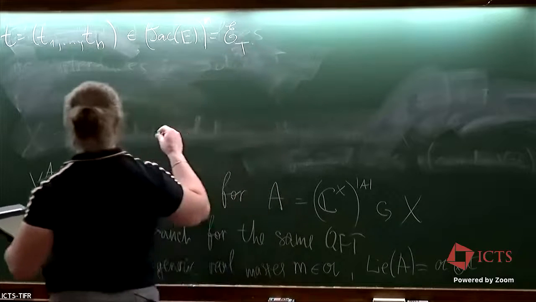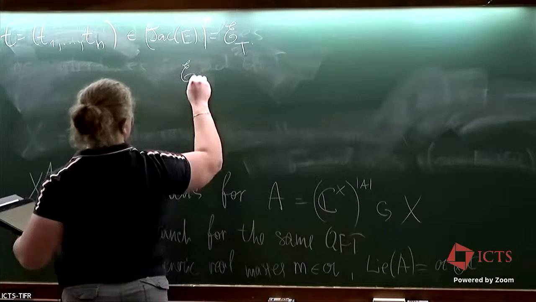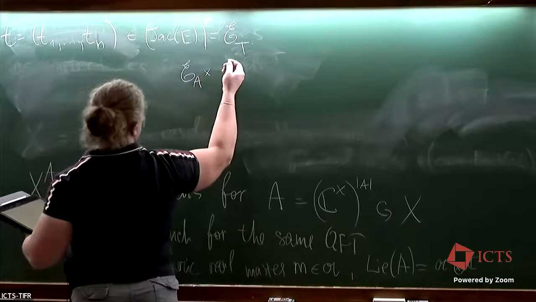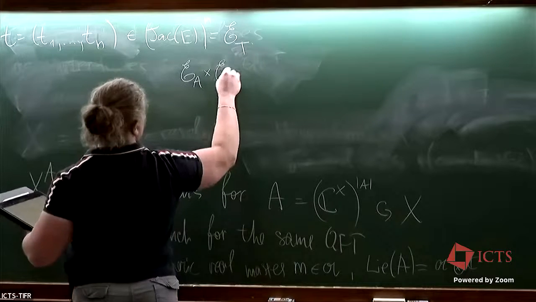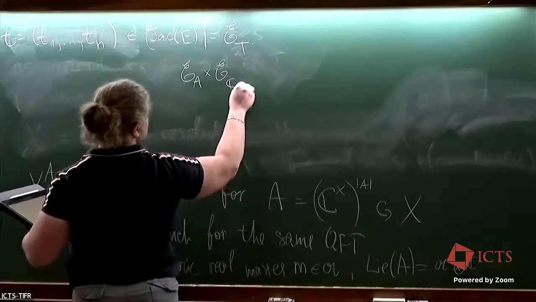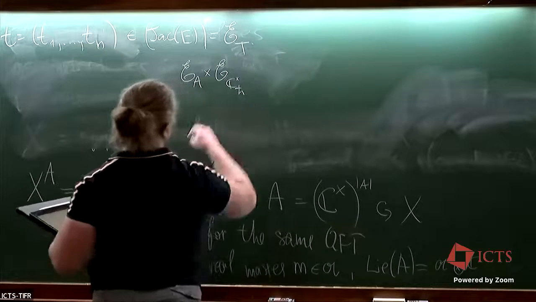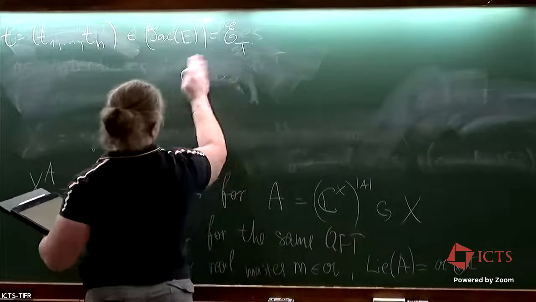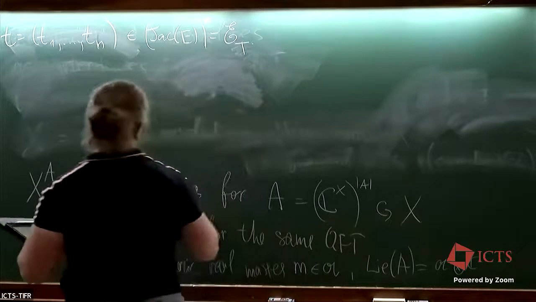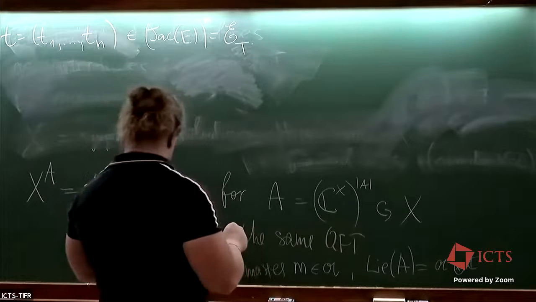In the previous talk, you also had E_A, I think. And then E_T also contains a factor for C star, for the H bar action. So anyhow, this is that abelian variety you had in the previous talk.